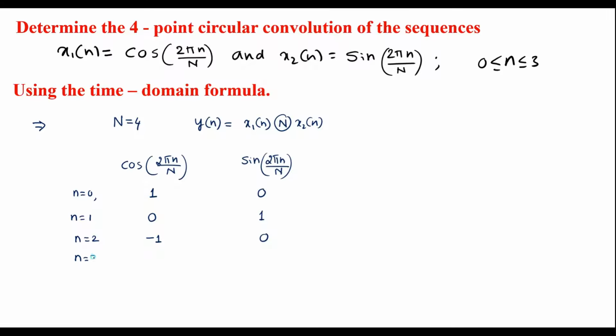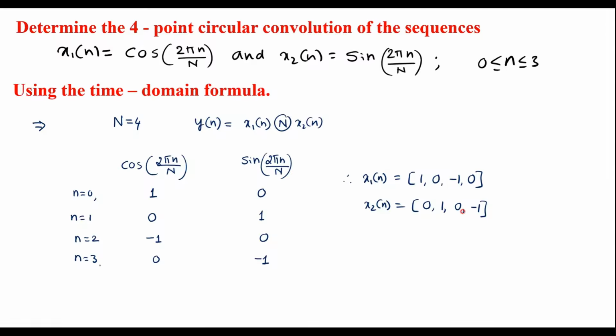If we consider n equal to 3, we'll get this as 0 and this as minus 1. So now I can write x1 of n is equal to 1, 0, minus 1, 0. And we have x2 of n is equal to 0, 1, 0, minus 1.